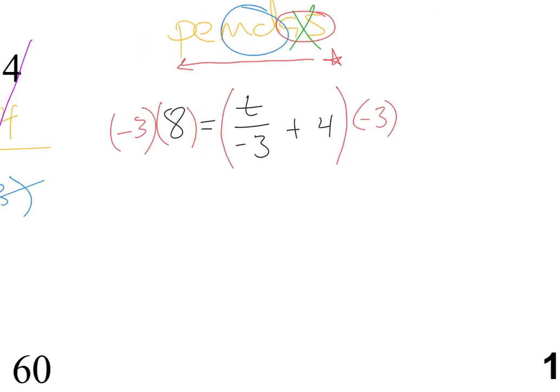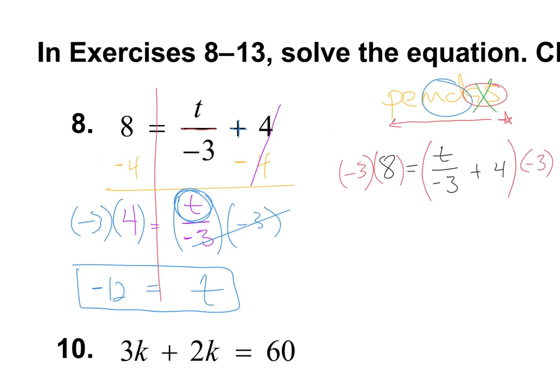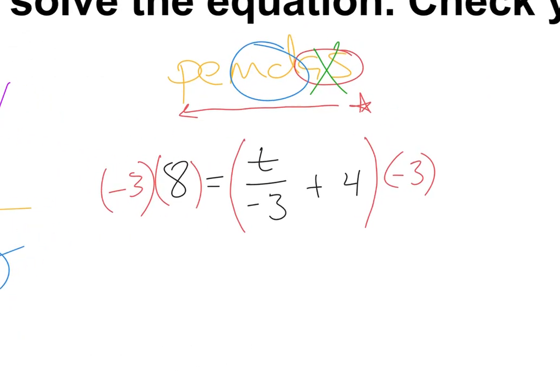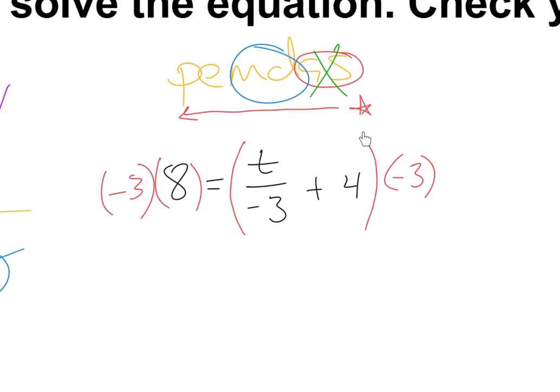Because here's what's going on. When I subtracted this 4, believe it or not, I'm subtracting 4 from this entire side. It's just that it only affects that 4 right there. So if I were to multiply by negative 3, I'd have to multiply the entire side by negative 3, and that's why we have parentheses here and here.